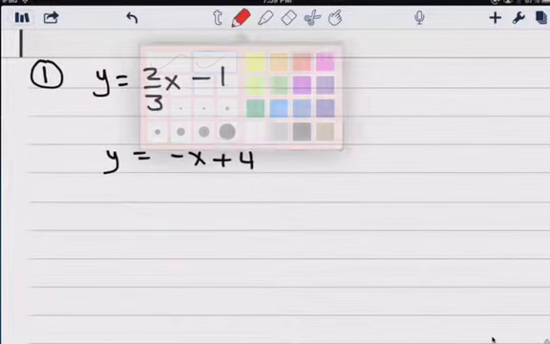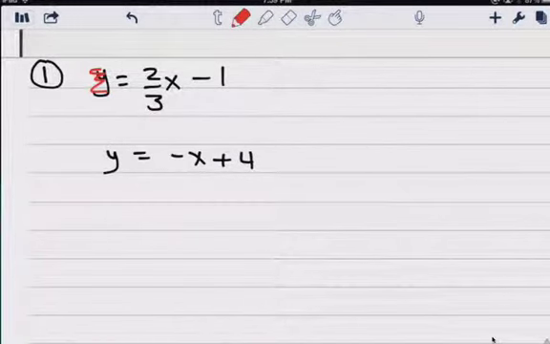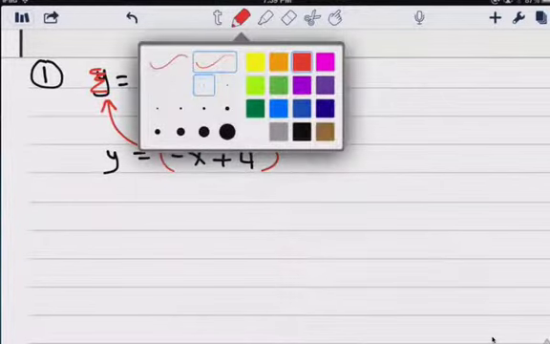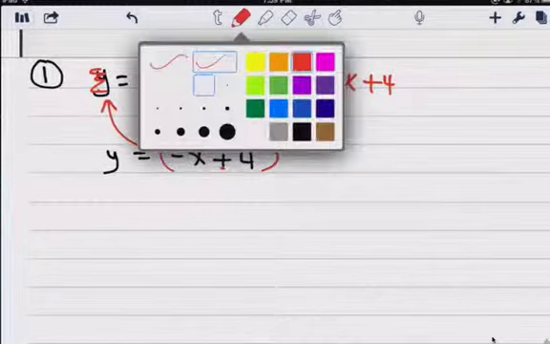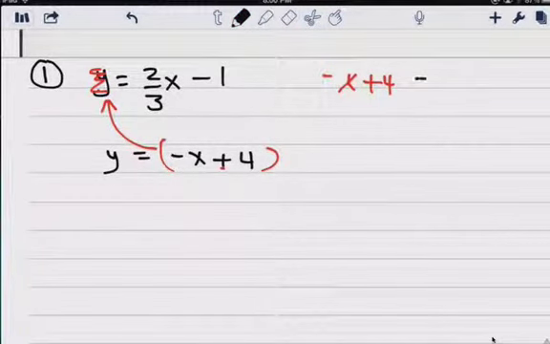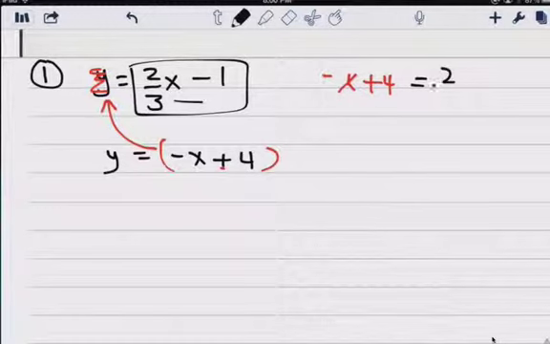You're going to substitute in here, so you basically have negative x plus 4 from that one over here equals this whole thing here, 2 over 3x minus 1.